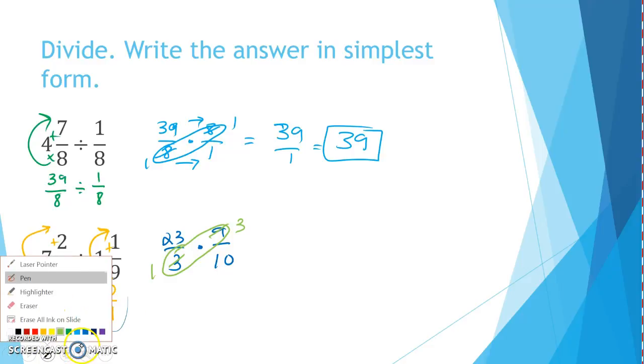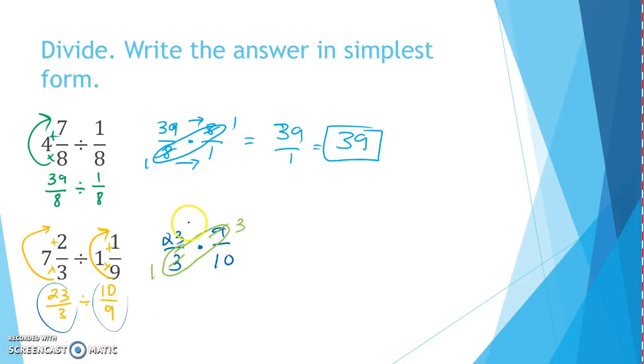And then I can't do any more cross canceling there, so I'm going to multiply straight across. I'm going to have 10 in my denominator, and then 23 times 3 is going to be 69 over 10. So we're going to change that into a mixed number. 10 can go into 69 6 times, with 9 left over. So it's going to be 6 9/10.